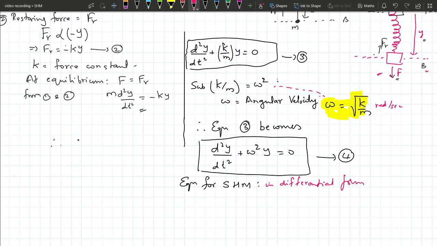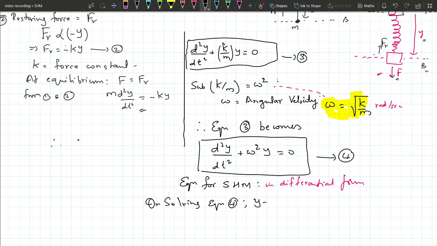Now I need to solve this equation. On solving equation number 4, I get a solution.